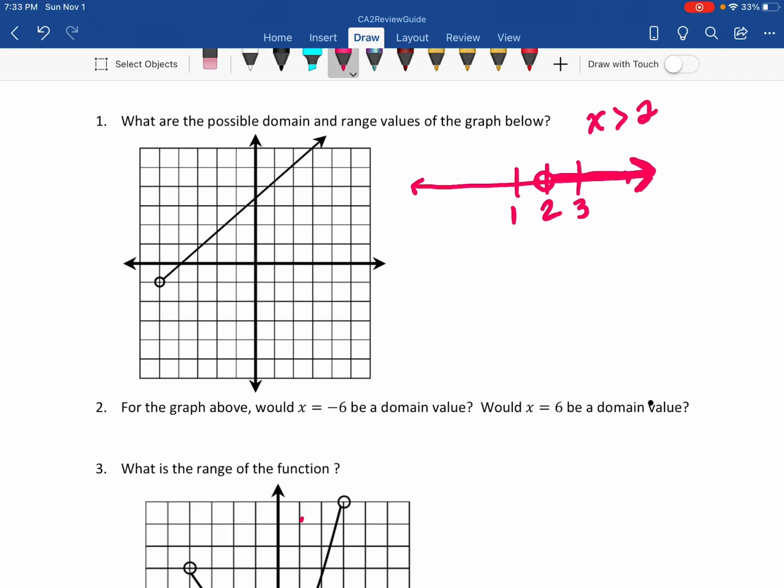So if I look at this function that I'm given here on the graph, and I look at it the same way, in other words, if I look at this x-axis and think about that as being my number line, so this here being 0, this being -1, this being -2, -3.